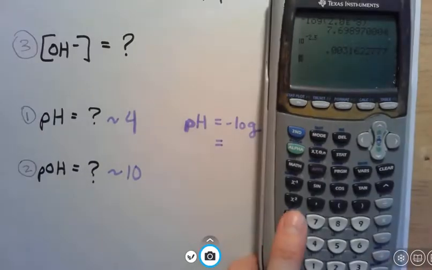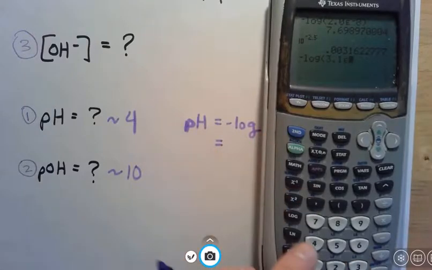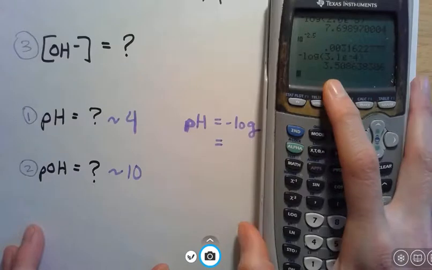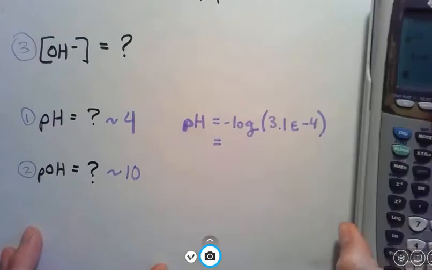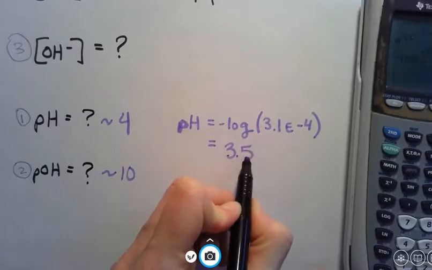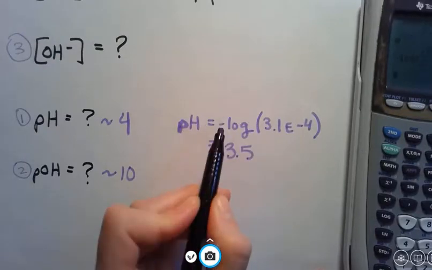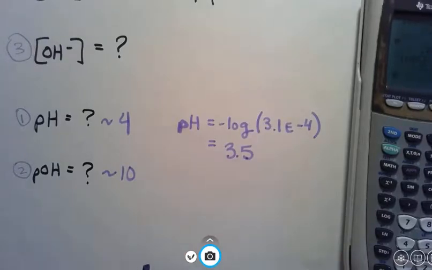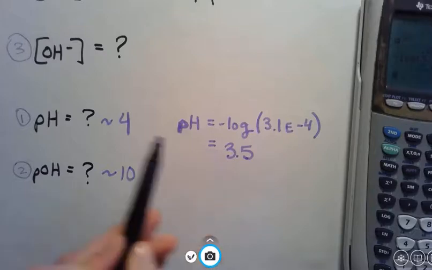So I'm going to do the negative log of 3.1 E negative 4. Okay. And I end up with a value of 3.5. If you get a negative value, it means that you forgot to multiply on that negative sign out front. pH values and pOH values, at least for our class, will always be positive. Okay, and that's pretty close to what we estimated.